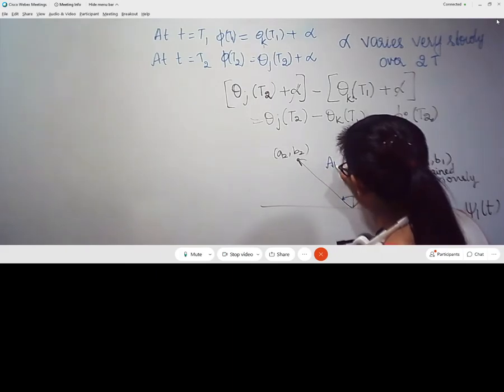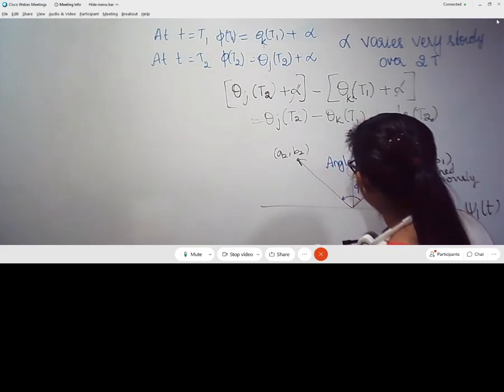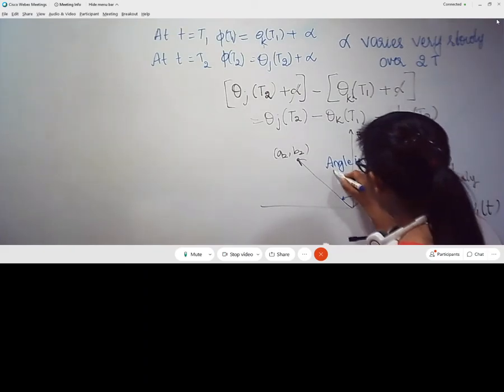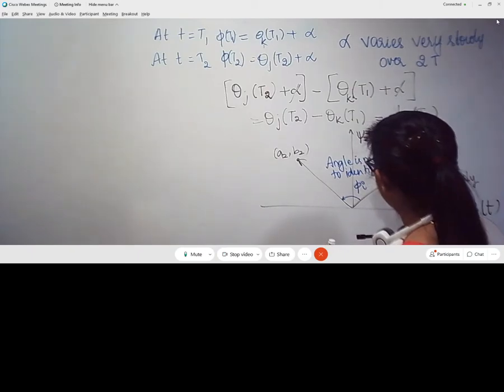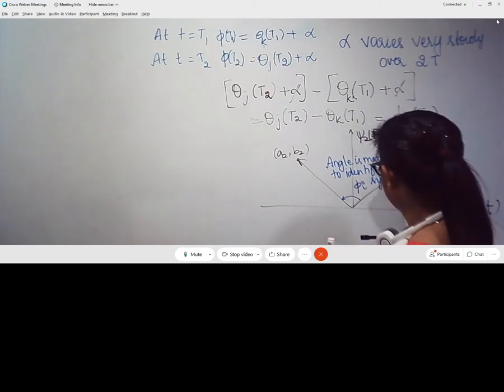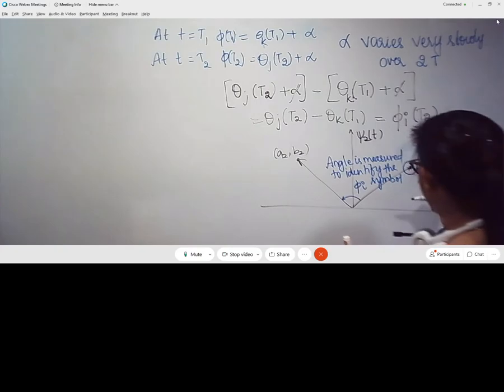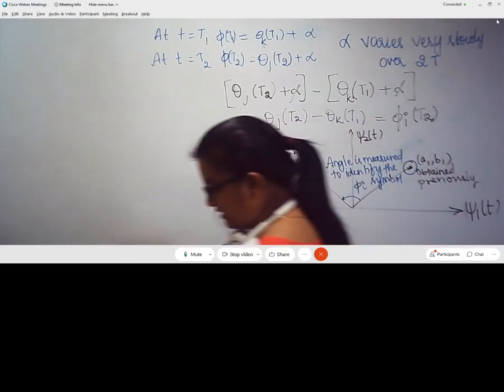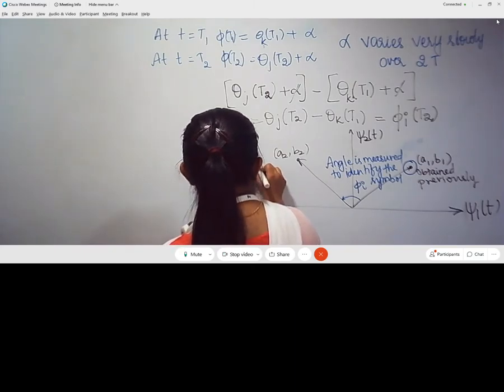So the angle is measured to identify the symbols. This will be the previously obtained symbol or coefficients. This one would be the currently received signal vector.